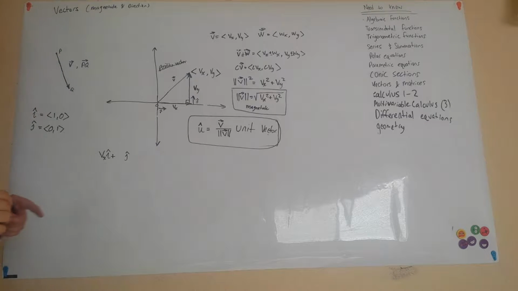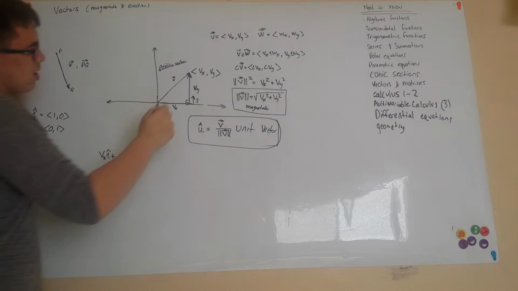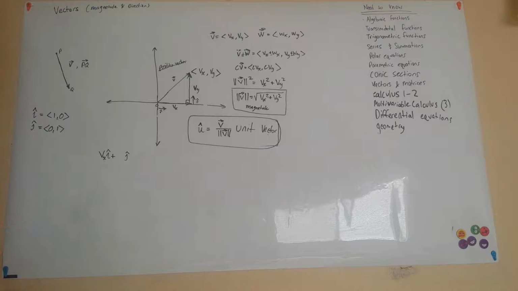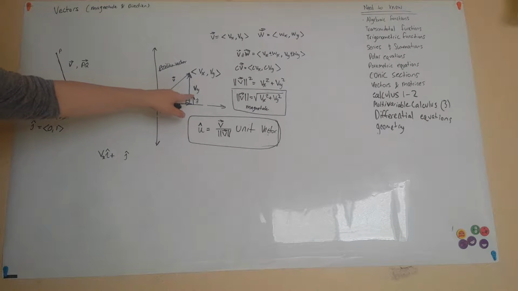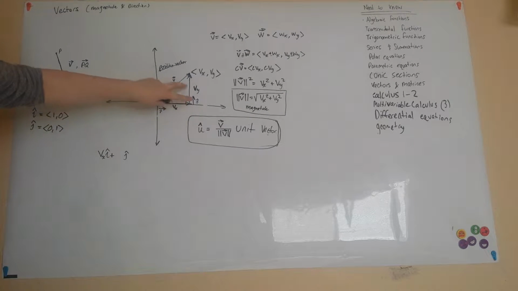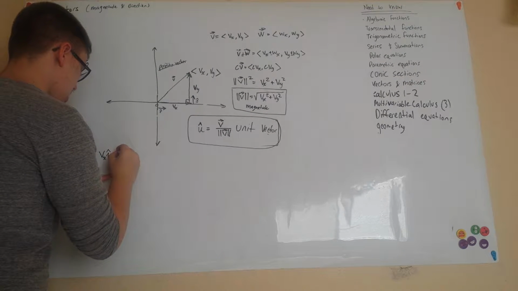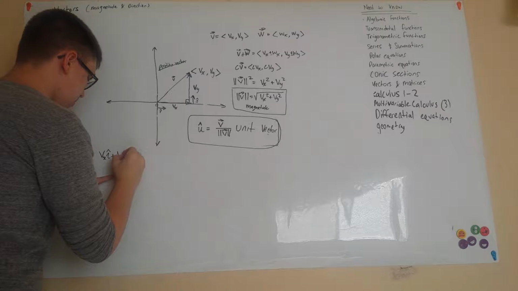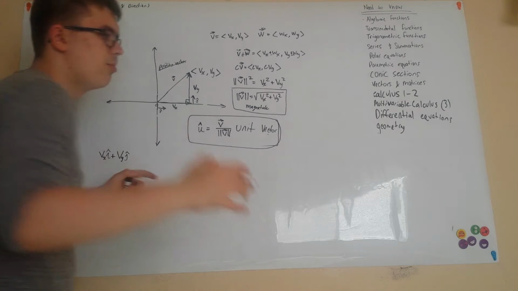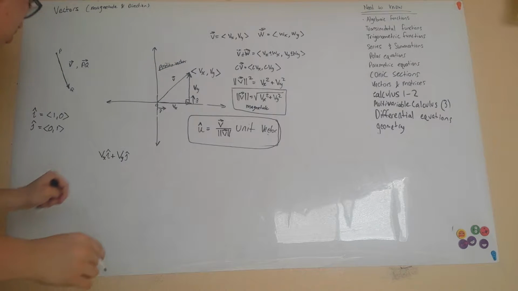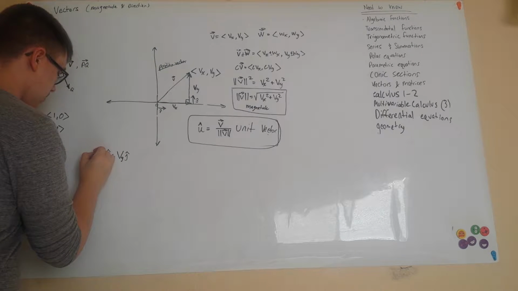And then we add, if we multiply the j unit vector by v sub y, we just get the y component of our vector. And remember how I said that if we add the components of our vector, we will get our original vector back.